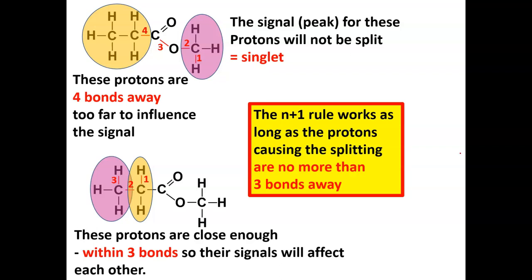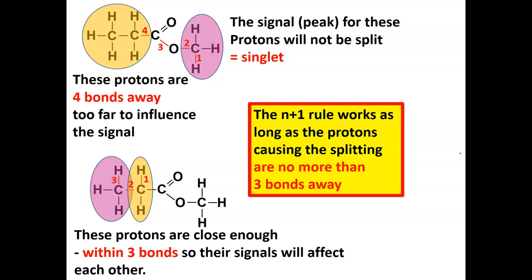So if you're thinking about how far away a proton has to be to influence the signal of another, then there's the answer. The N+1 rule works as long as the protons that are considered to be splitting are no more than 3 bonds away. So if we look at the top picture, we can see that in our molecule, the CH3 group, which is picked out in red, there are no H's on the oxygen, and of course there are no H's on the carbonyl carbon.